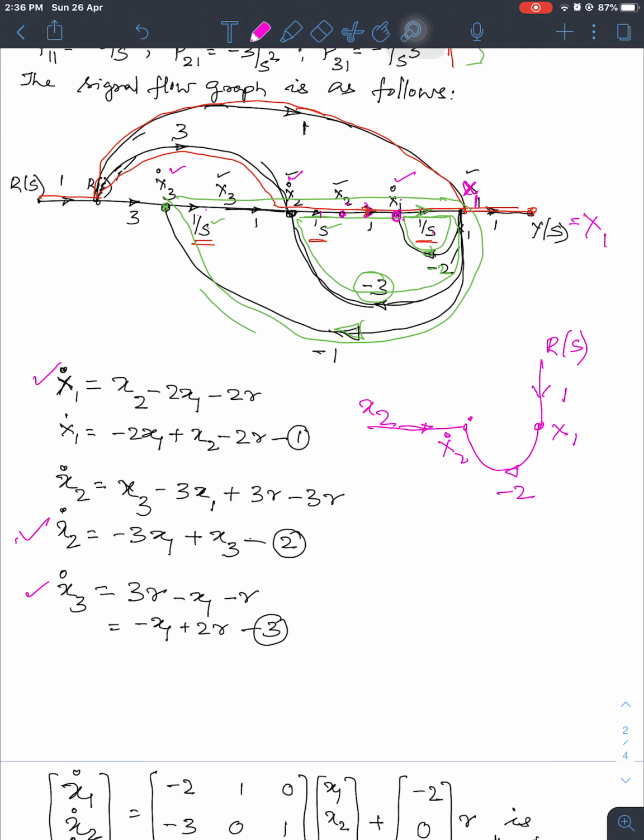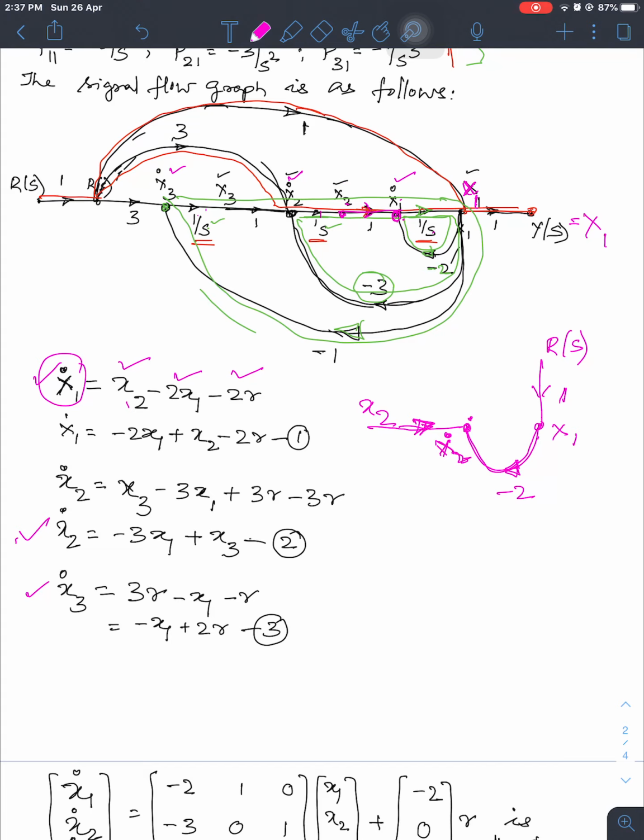See, these are the possible signals we have at x2 dot. At x2 dot, this is the node x2 dot. At x2 dot, we have a signal x2, and there is a signal from x1 with a gain of -2, and there is a signal from R via unity via x1 via -x2. So these are the three possible signals which are meeting at x1 dot, right? So we are able to write this equation.